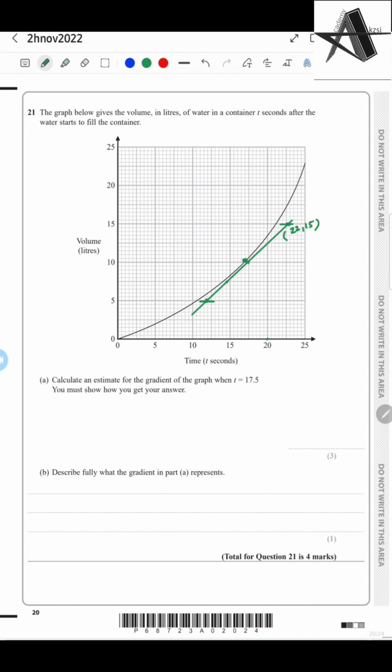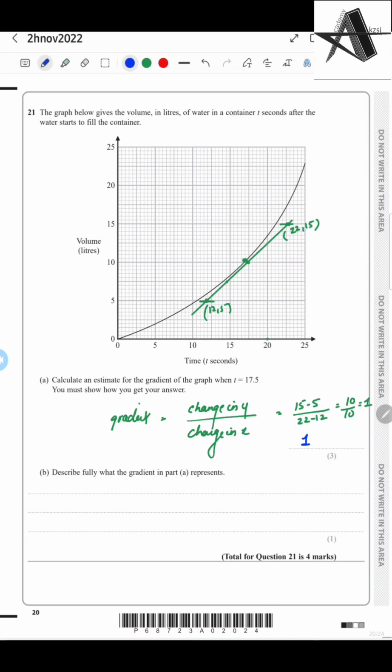We could pick the point at 17.5 as well, but that is a decimal, which is why I have selected these two integer values. Now gradient is change in y over change in x. So y is 15 minus 5 over change in x, which is 22 minus 12. That is 10 over 10, which gives you 1. So the gradient is 1.